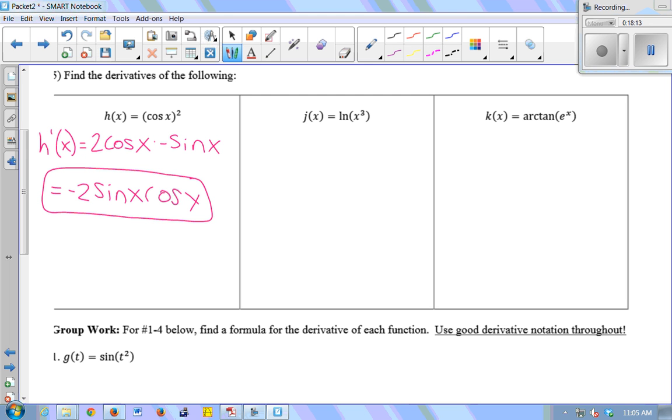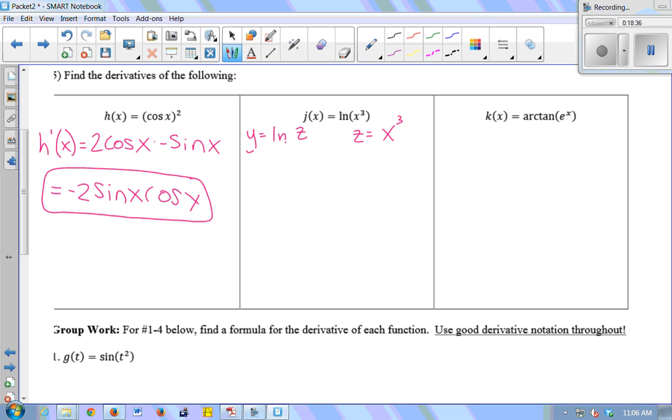First thing you have to do is decompose your function into y equals something and z equals something. So in this case, I'm going to let y equal the ln of z, and that means z would have to be what? x cubed, right?